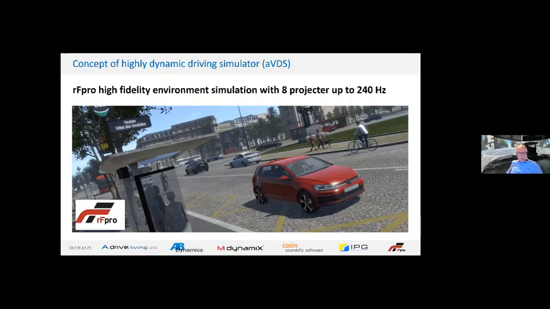One of the core parts is also our environment simulation, where we have nice models of cities and cross-country roads, etc. I will come to that in more depth.